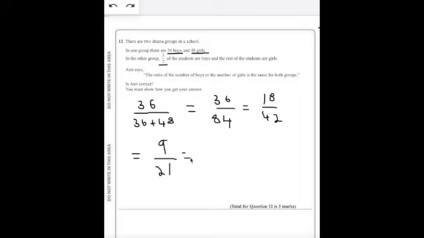So 9 divided by 3 is 3. 21 divided by 3 is 7. So the actual answer is 3 over 7. So yes, she is correct. The ratio is the same. So you divide it by 2 there, and then divide it by 3 on this one. So yep, she is correct.